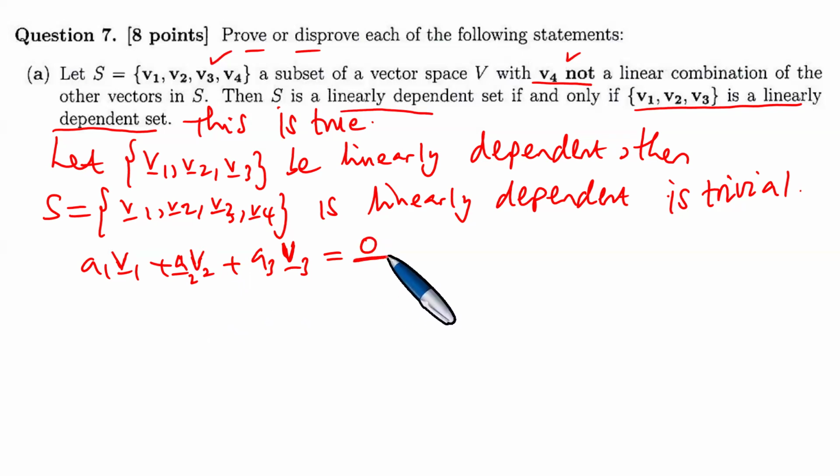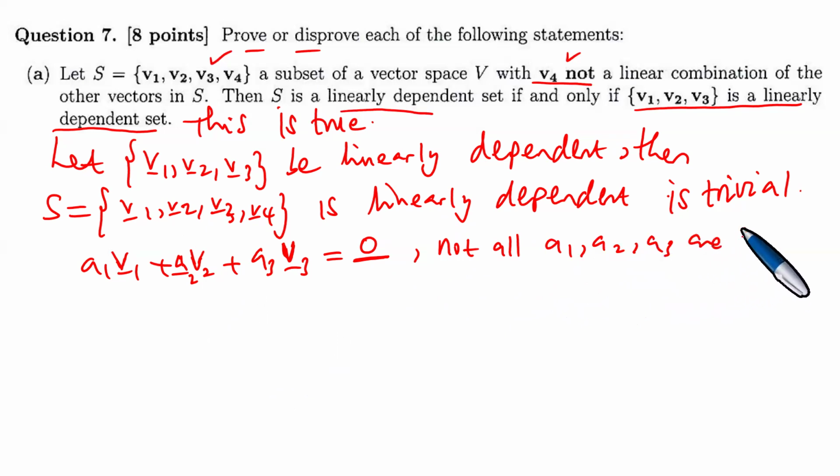Is equal to 0, because it's linearly dependent, but you're saying not all of A1, A2, A3 are 0. Okay, you can write like that. Now you're starting with this one being linearly dependent.